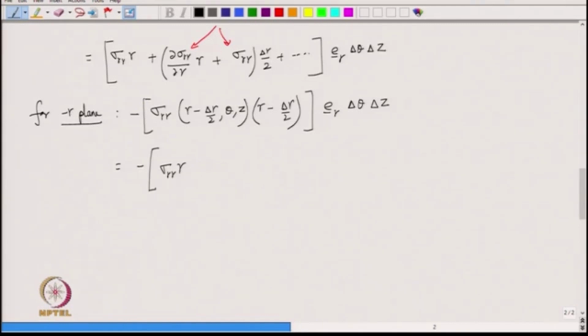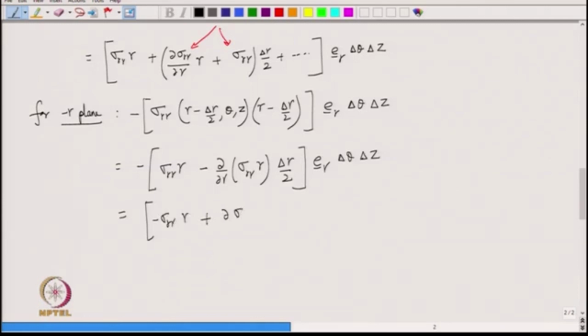Then the derivative term, which comes with a minus sign here, minus del by del r of sigma r r into r, right, into delta r by 2, correct, times E r into delta theta into delta z, which you can also write finally as minus sigma r r into r plus del sigma r r by del r into r plus sigma r r, and then the whole thing is multiplied with delta r by 2 into E r into delta theta into delta z.